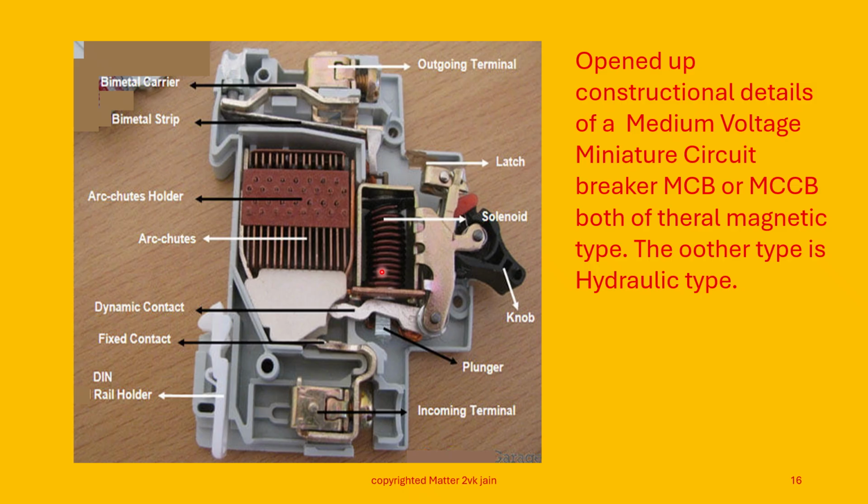Another is a solenoid. The current passes like this. Here it travels like this, and then through this. Now this particular MCB has two breaking spaces. One is here and another is here.